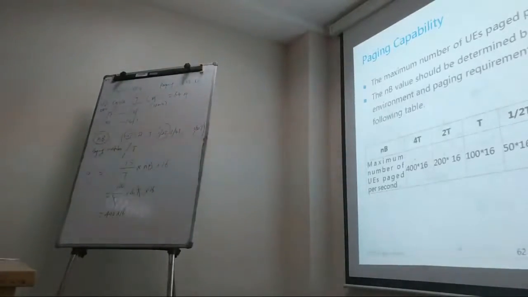But for the cycle and the NB, if we have many UE, do we have to configure many cycles? No, we set a maximum of 40, and we set one cycle. For the cycle, we have 2 ways for paging reception.